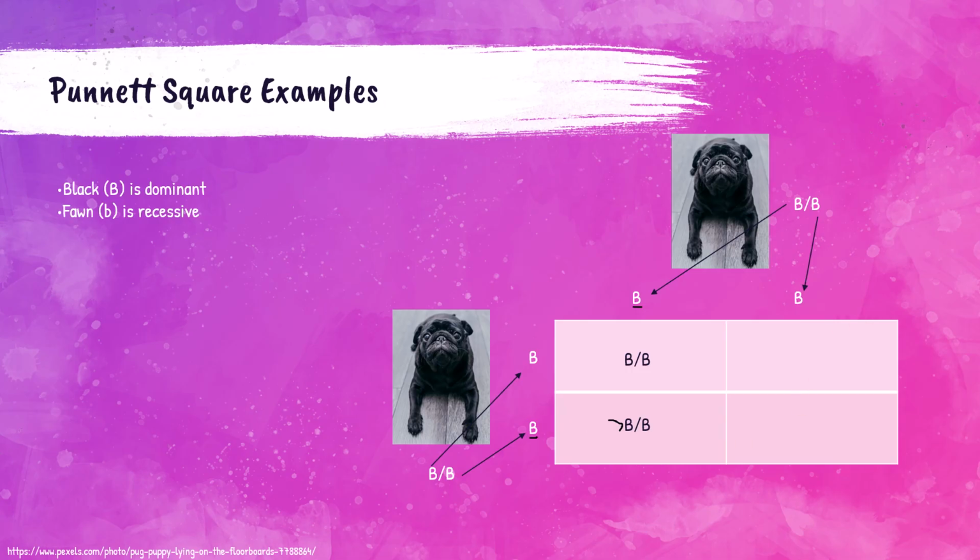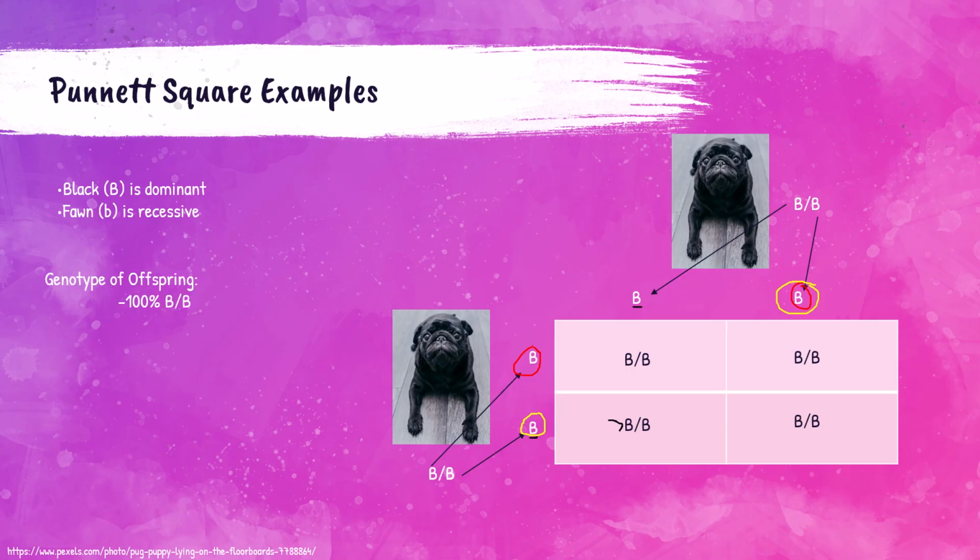This top right-hand corner, again, is going to be big B, because we're using this one and this one. The next one we'll do in yellow is going to be this B and this B. Again, big B, big B.